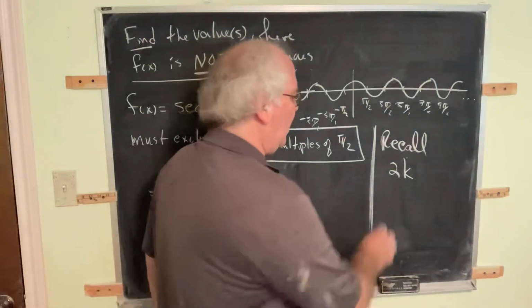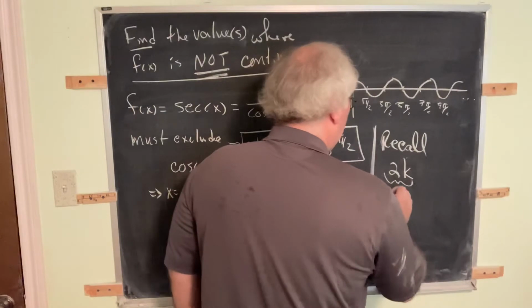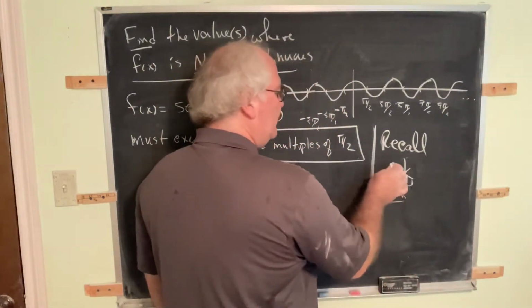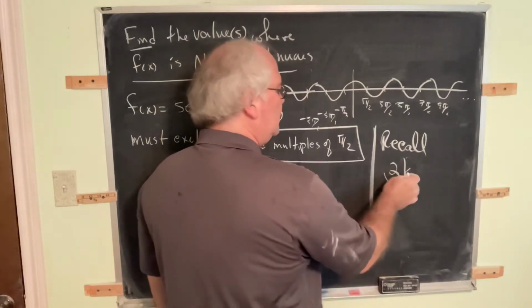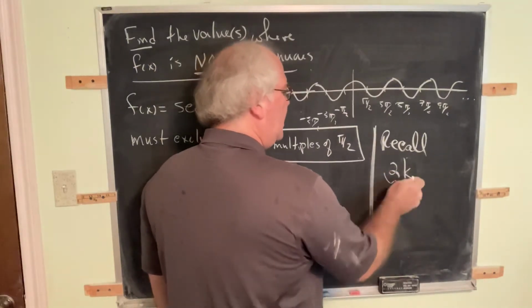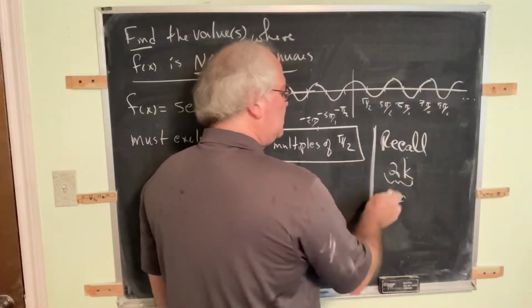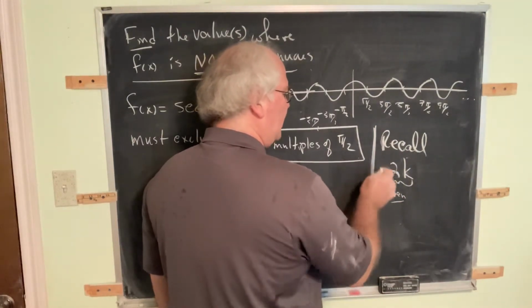This is the generic representation of an even number. If k is 3, then this is 6, it's even. If k is 11, this is 22, it's even. If k is negative 4, this is negative 8, it's even.